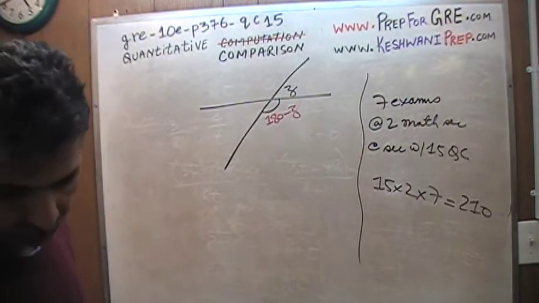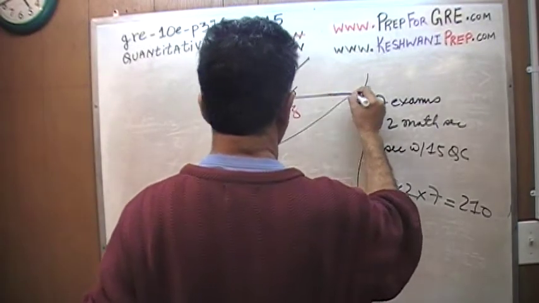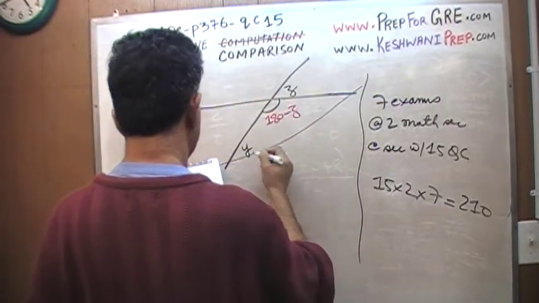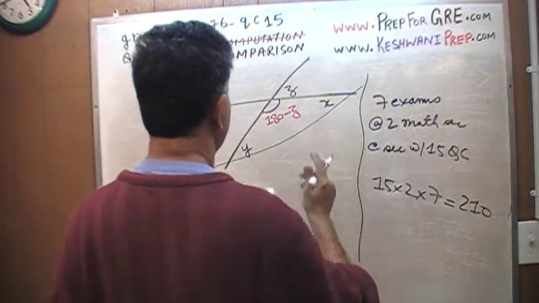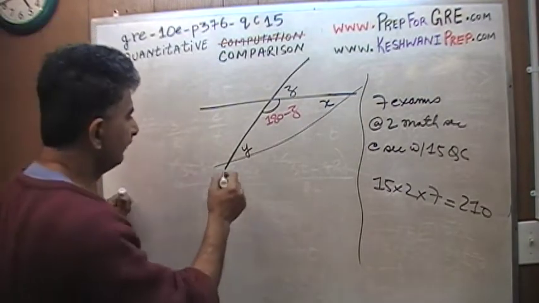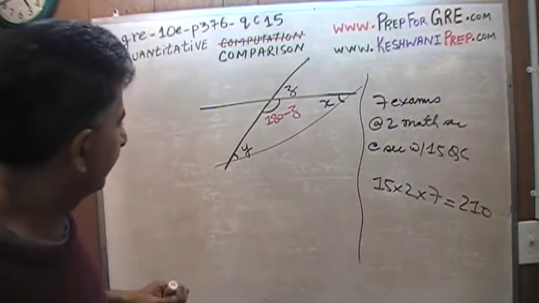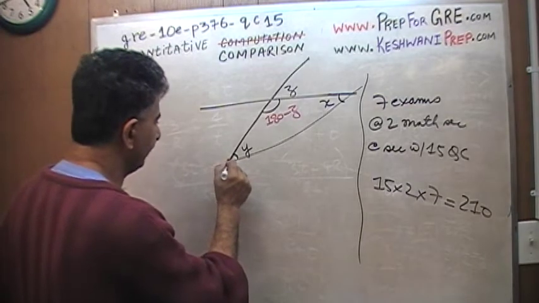And then they give you another line, which makes this Y and this X. Now what can you tell me about the sum of these 3 angles? Let's christen this a triangle so we can talk about it. Let's call this triangle ABC.